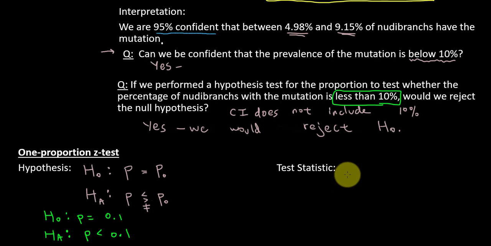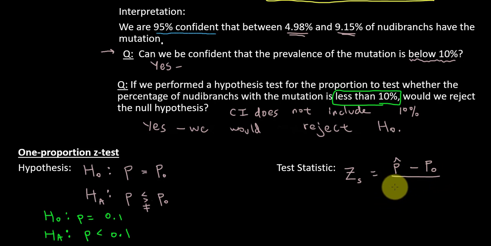The test statistic, we would call this Z, S for test statistic from a sample. And in general, we always take our sample value, the sample statistic, which would be the sample proportion, and we subtract the hypothesized proportion from the null hypothesis.